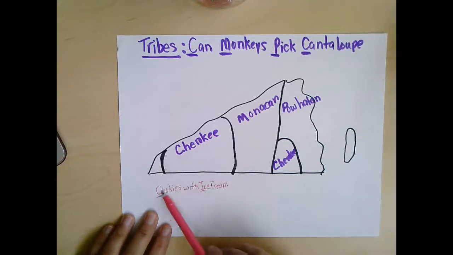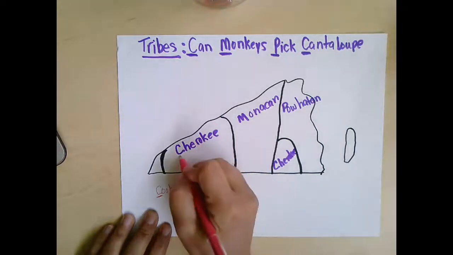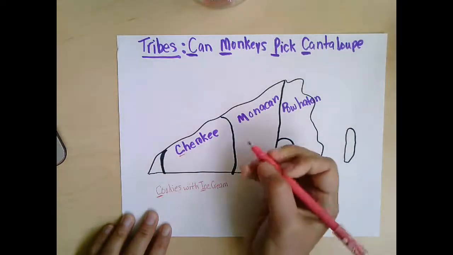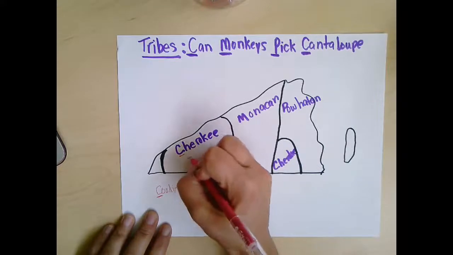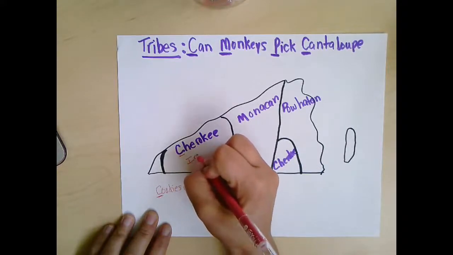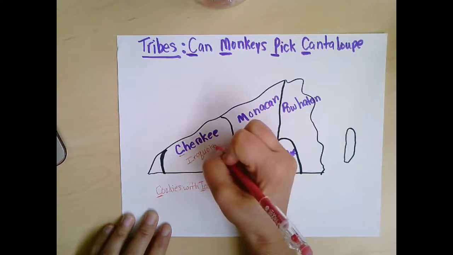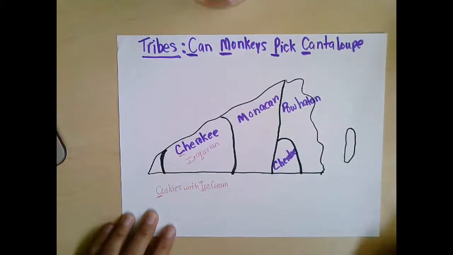So the Cherokee tribe speaks Iroquoian. All right? Cookies with ice cream, the Cherokee tribe speaks Iroquoian.